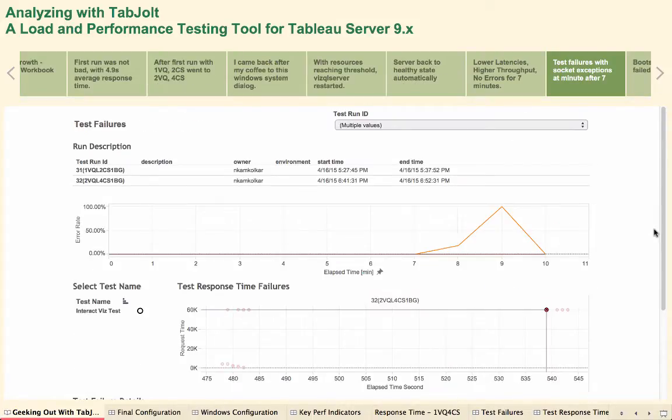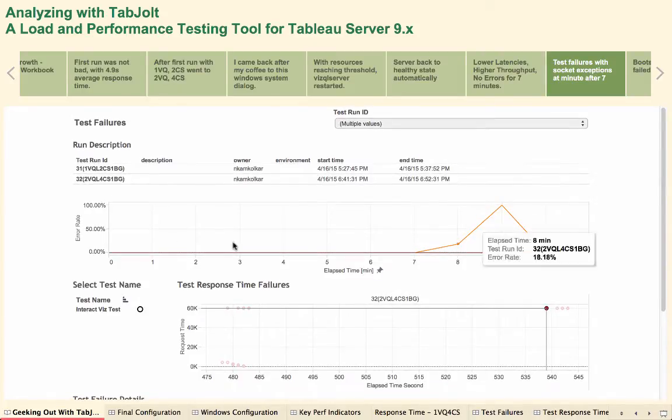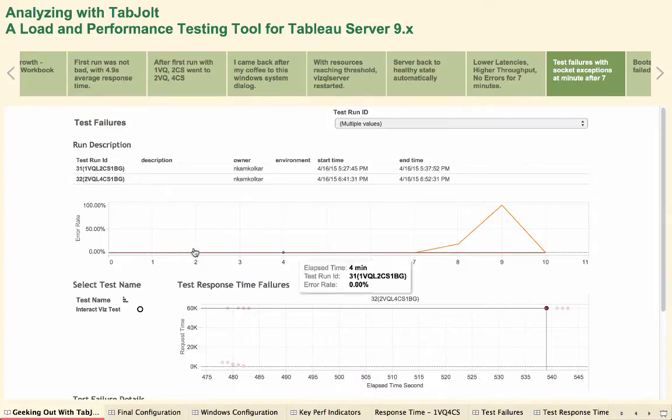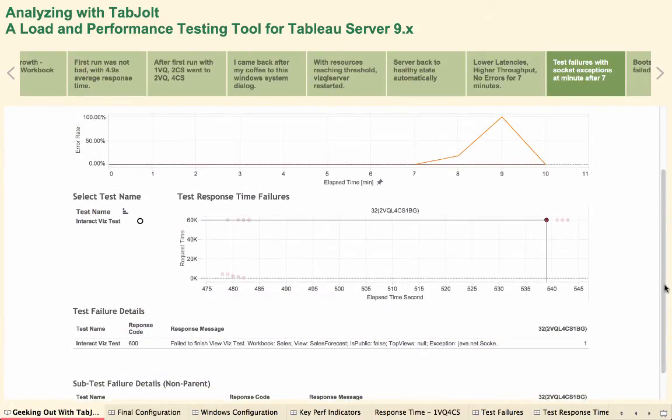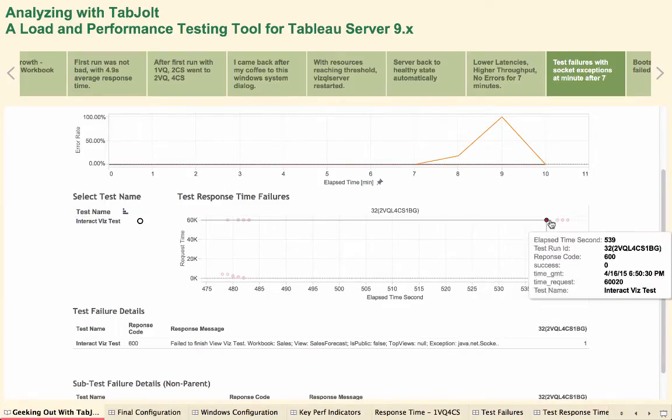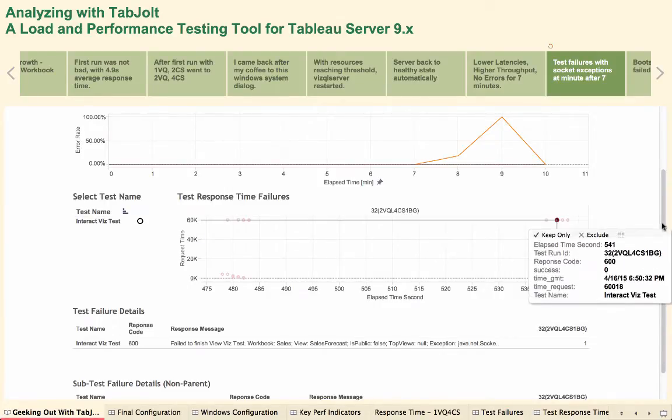TabJolt captures a lot of information behind the scenes as well to help you triage issues as you're running through load. So when I look at the test failures worksheet in the TabJolt Performance Analytics workbook, I can look at the error rates, and I can also specifically look at the test name, in this particular case, the InteractViz test, and the events that actually occurred during the test.